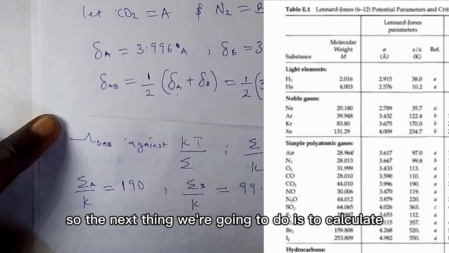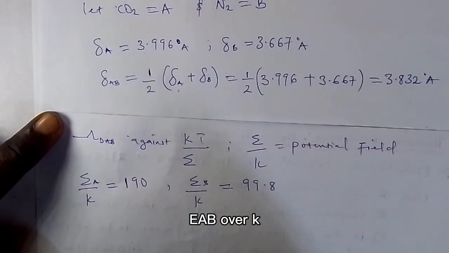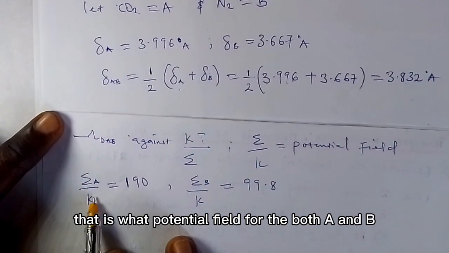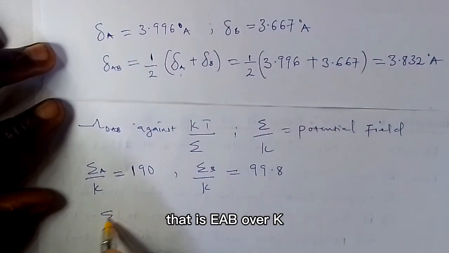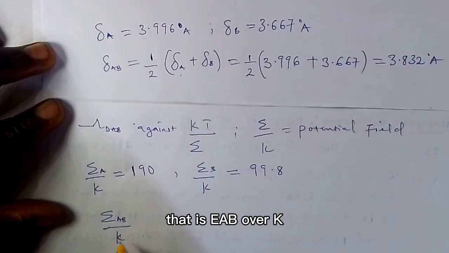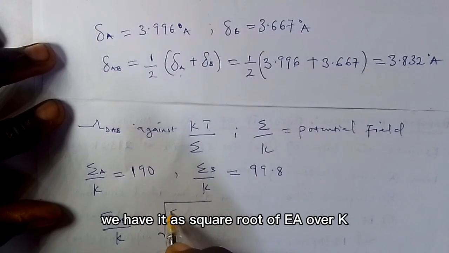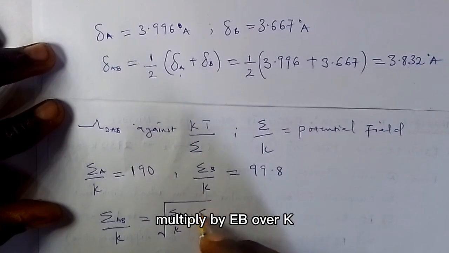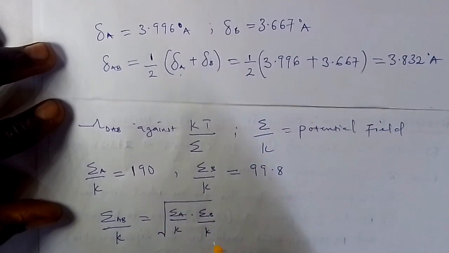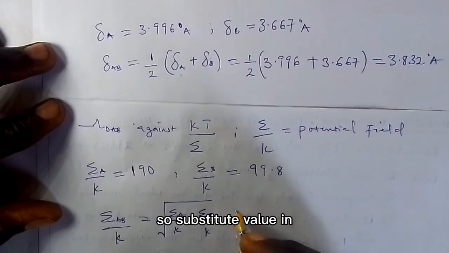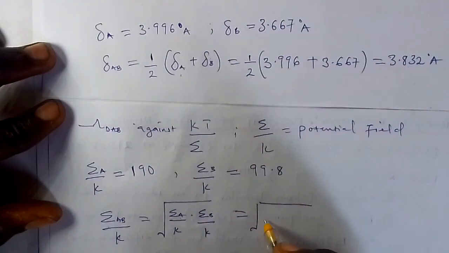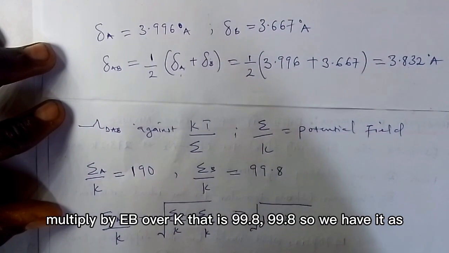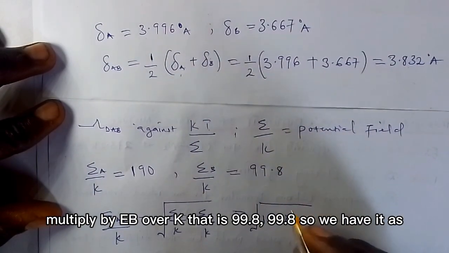So the next thing we're going to do is to calculate EAB over K, that is the potential field for both A and B. We have it as the square root of EA over K multiplied by EB over K. So substitute the values in: square root of 190 multiplied by 99.8.